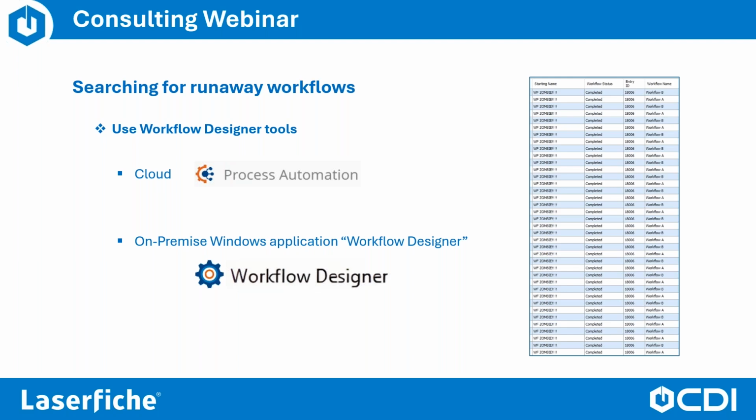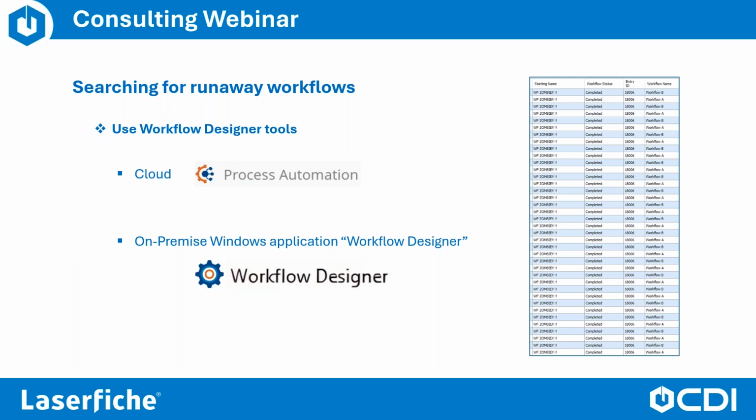During our session here today, we're going to take a look at a few topics. First topic is looking for runaway workflows. Let's say you've got a zombie document out there that is causing workflows to do all kinds of crazy things. We can use some tools here to troubleshoot and find and fix the situation.